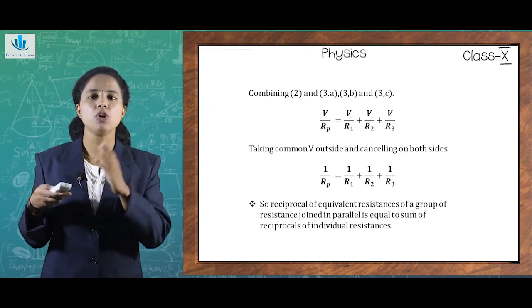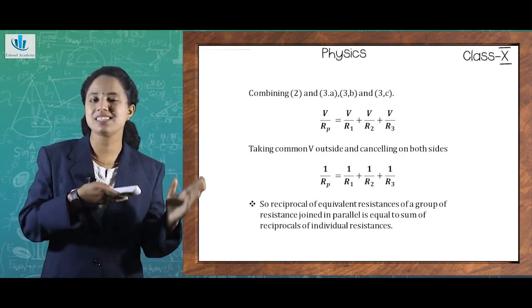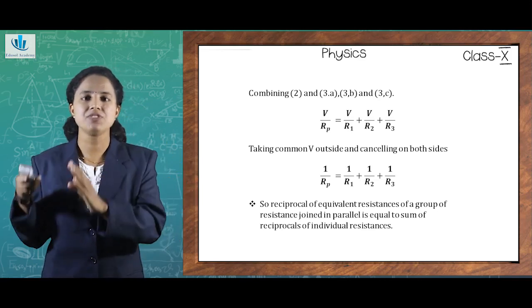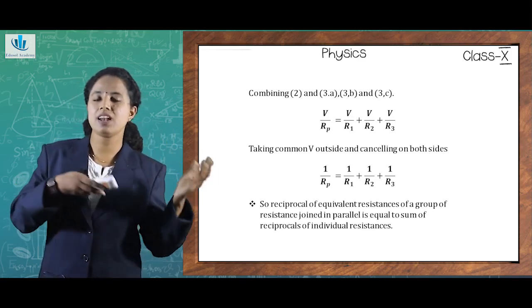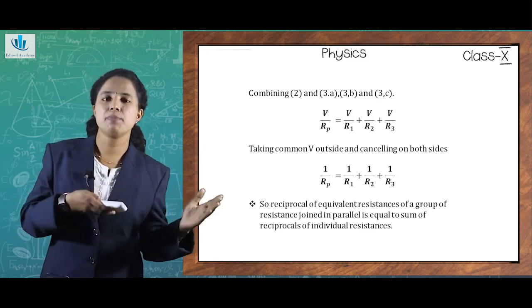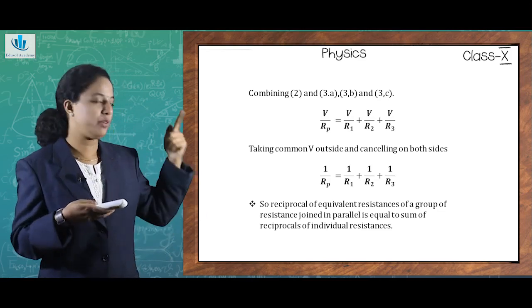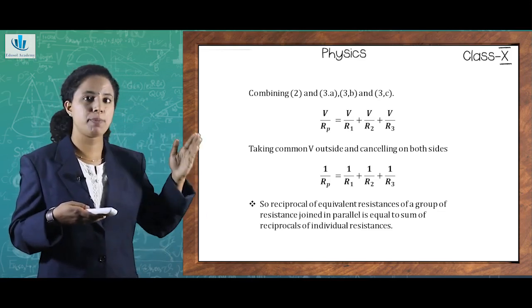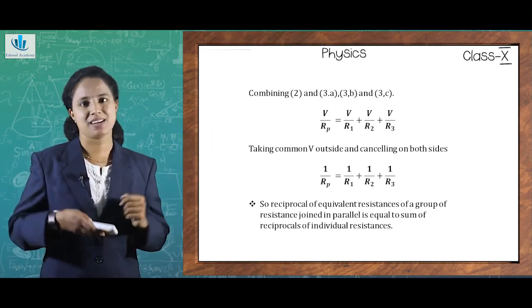Because for the second equation and 3A, 3B and C, the left hand side was equal, that is I, so we can cancel it. So we can equate the right hand sides of the equations. Then we get V by Rp equals V by R1 plus V by R2 plus V by R3.